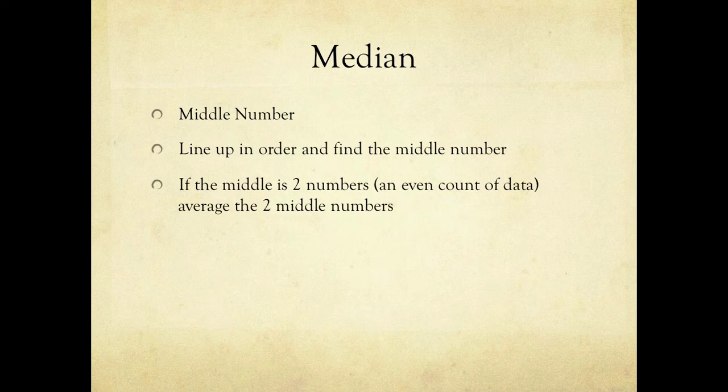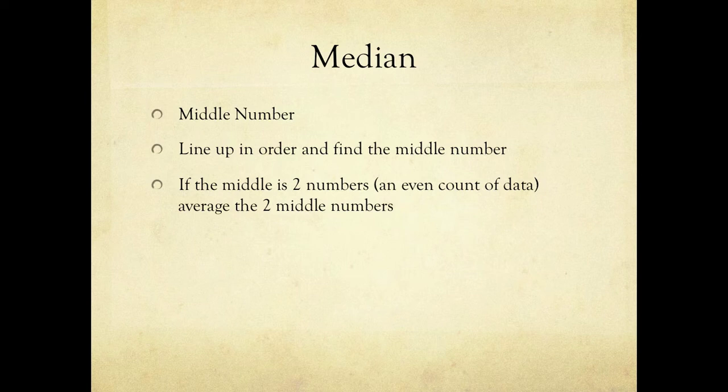The median is the middle number, and the nice thing about the median, if you'll remember last week's video, we were talking about the outliers, and sometimes they can have an effect on your calculations. An outlier would have an effect on the mean, but it does not have an effect on the median, because in the median you line up all of your numbers in order, and then you find the middle number.